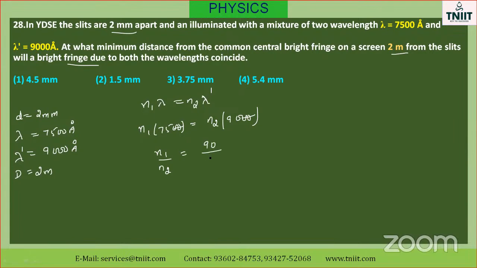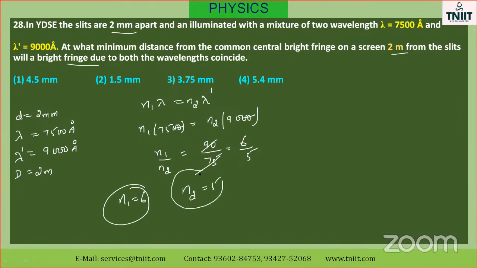It will be 90 by 75, which is 6 by 5. So sixth band and fifth band are coinciding.